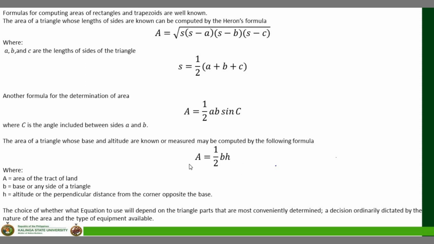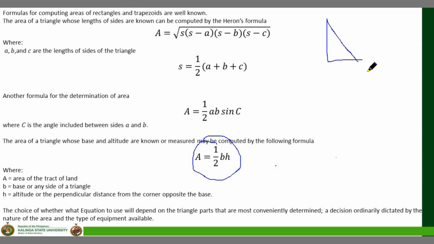So, itong mga formulas na to, I think you have already discussed this during your junior and senior high school. One of the formulas na pinaka-familiar tayo lahat kapag sinabing area ng triangle, that is equal to 1/2 of base times height.